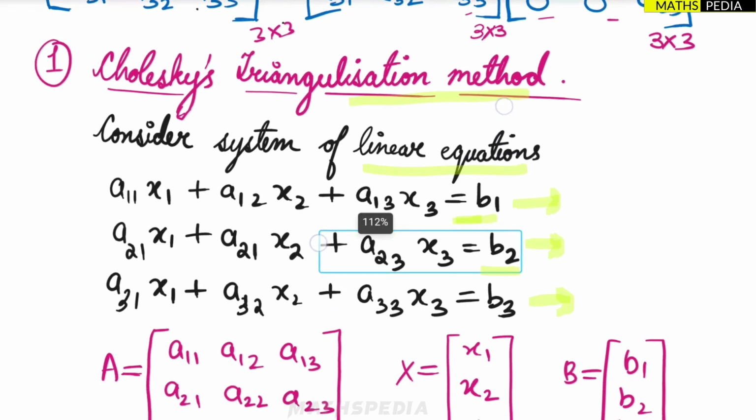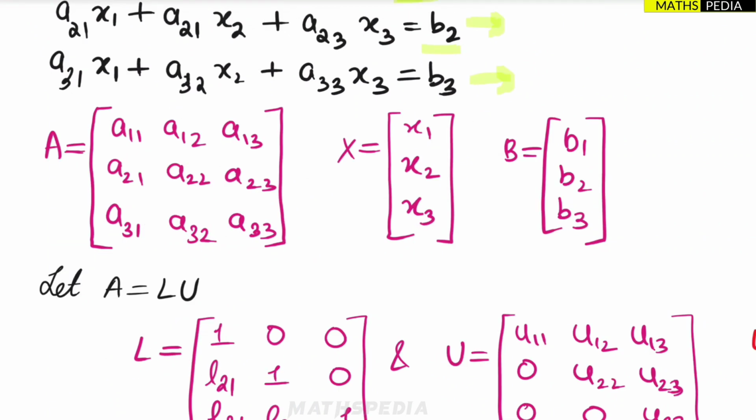The first step is to write all the coefficients from the equations. That means you have to write the A matrix, that is the square matrix. The X matrix is a column matrix, X1, X2, X3 being the unknown variables if it is 3 equations. With 2 equations, only 2 unknowns will be there, X1 and X2.